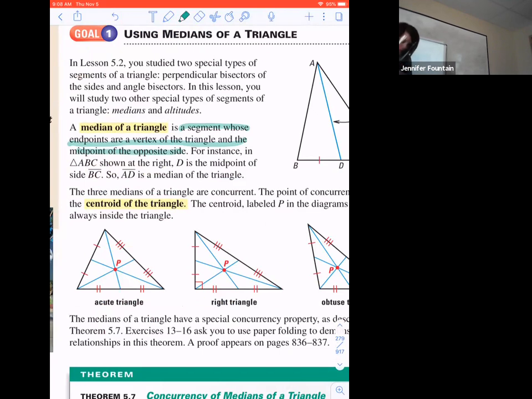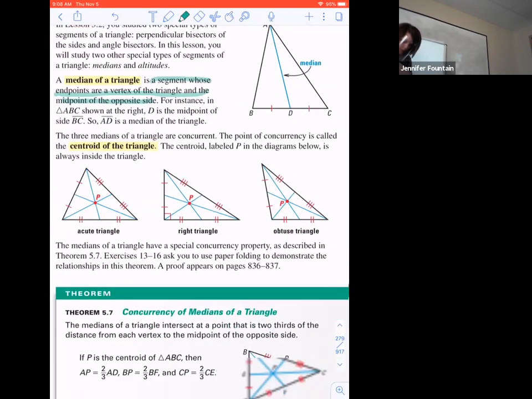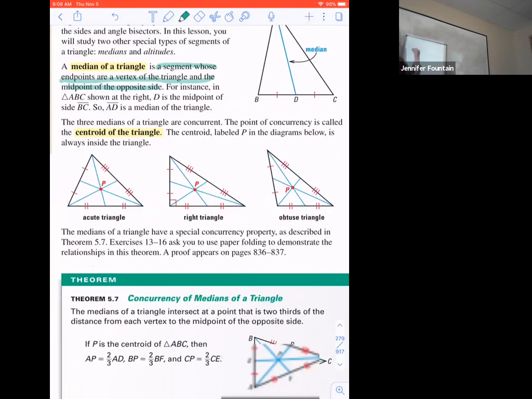For instance, in triangle ABC, shown at the right, D is the midpoint of side BC, so AD is a median of the triangle. The three medians of a triangle are concurrent. So just like the bisectors, medians are concurrent. The point of concurrency is called the centroid of a triangle.